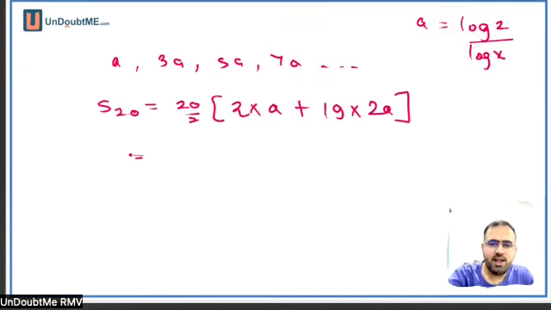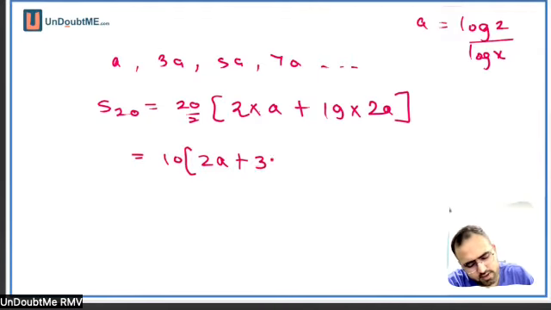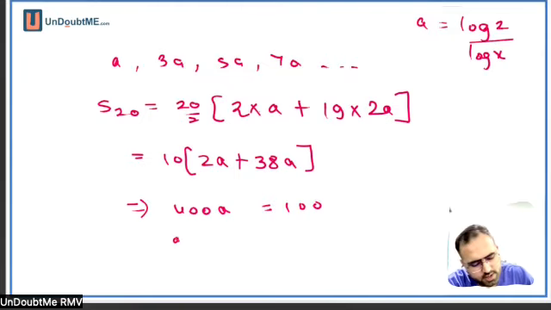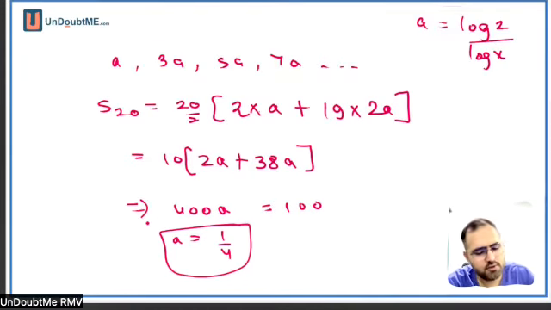I'm just finding the value of sum in terms of a. 2a plus 38a, that will be 40, and that will be 400a. And as per the question, that is equal to 100. So this is equal to 100, and that will give me the value of a as 1 by 4. Till here, we can work in terms of a.